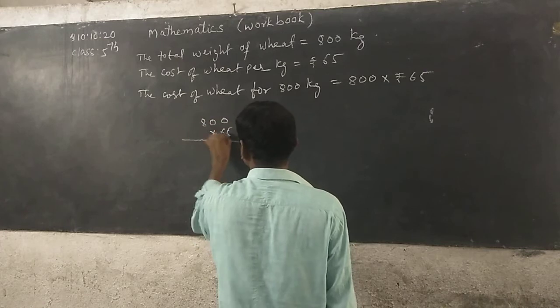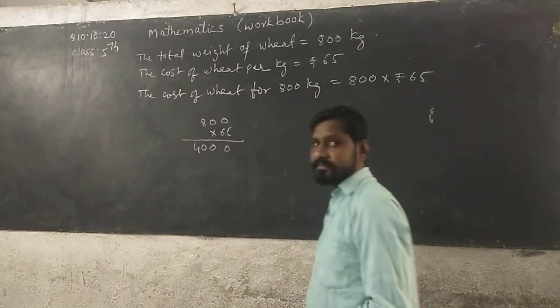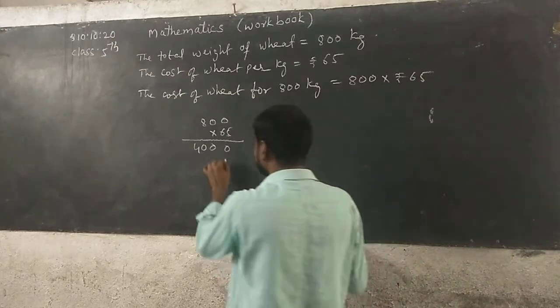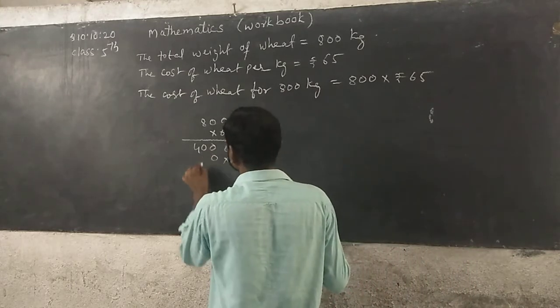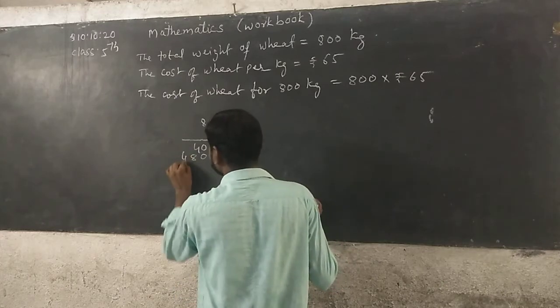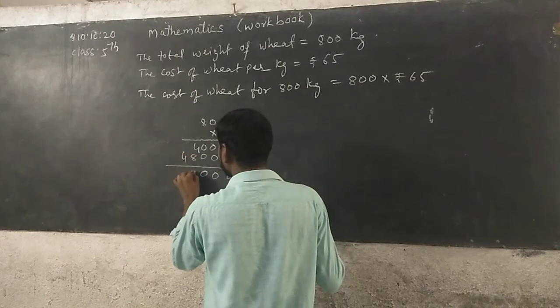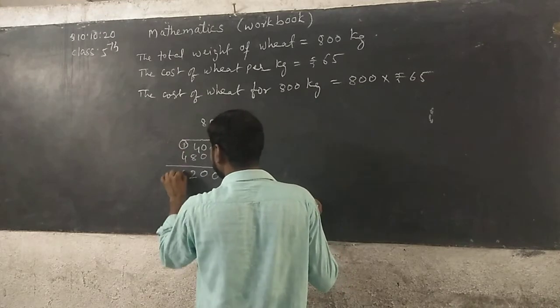Five zeros, 8 fives are 40. Now one space cut it. 6 8s are 48. 0, 0, 0, 4 plus 8, 12, 2 taking 1 carry, 1 plus 4, 5.